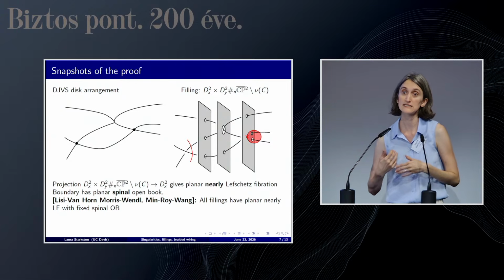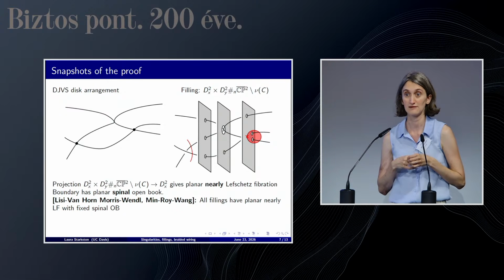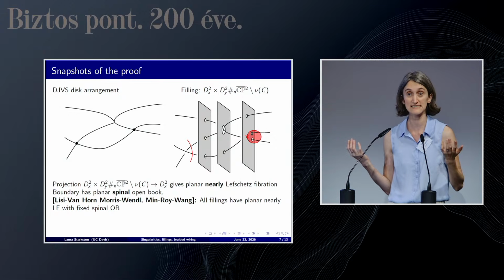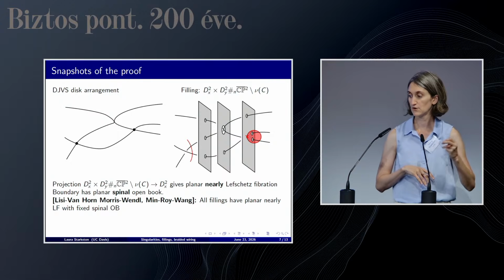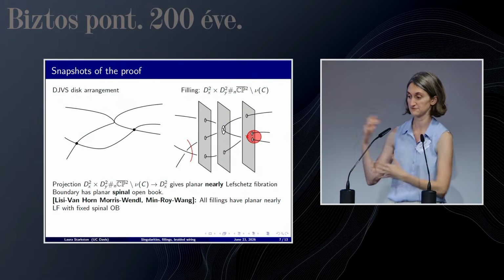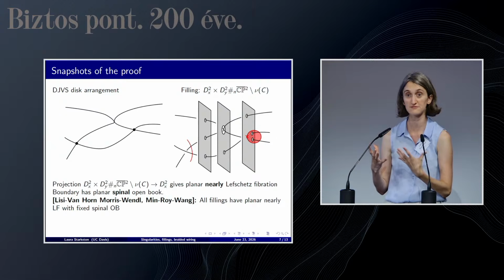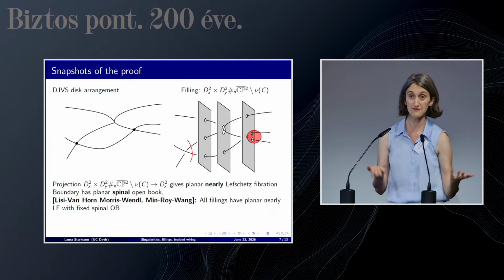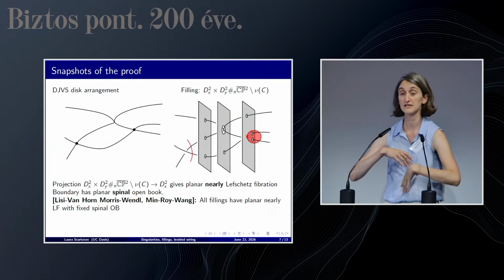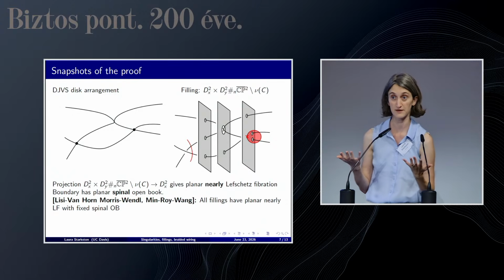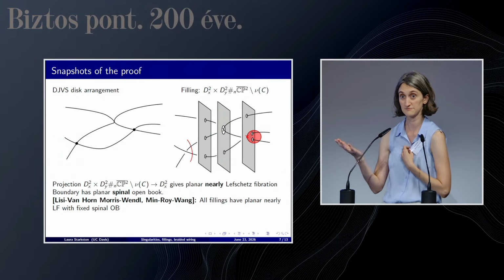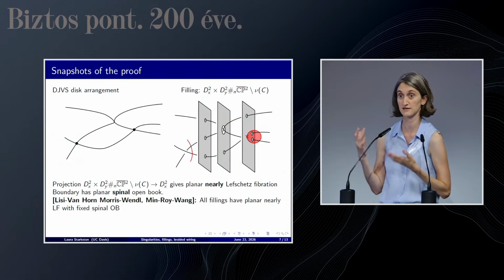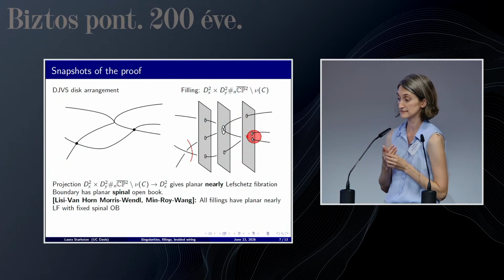But it is something that is now called an exotic fiber, and it fits into the framework of these nearly Lefschetz fibrations. There's a model for these exotic fibers which says that if you have a nearly Lefschetz fibration, then you have the corresponding symplectic structure, generalizing the Gompf symplectic structure on a Lefschetz fibration.